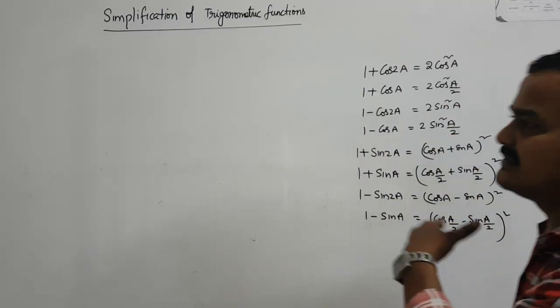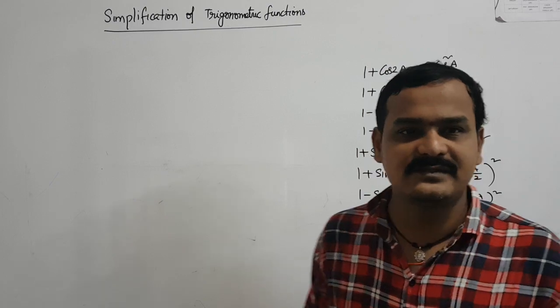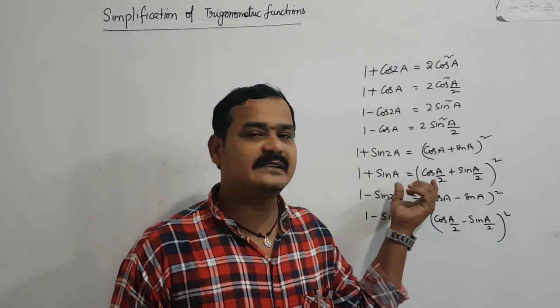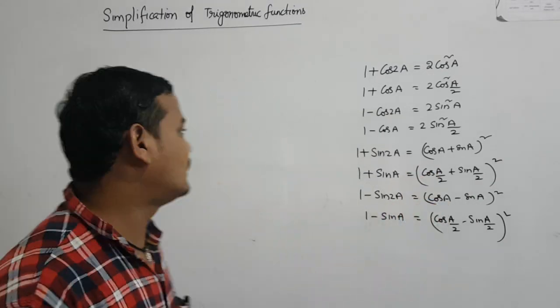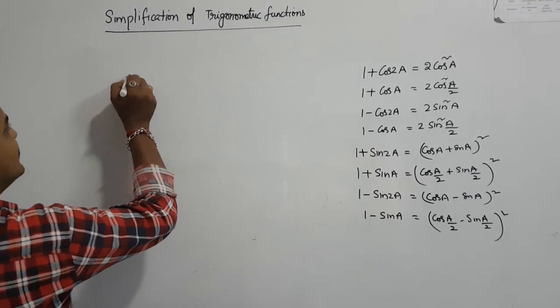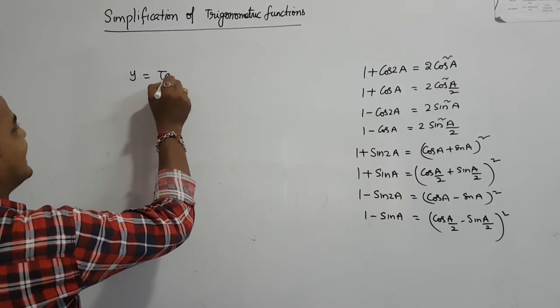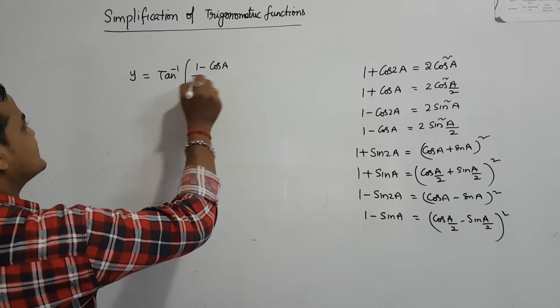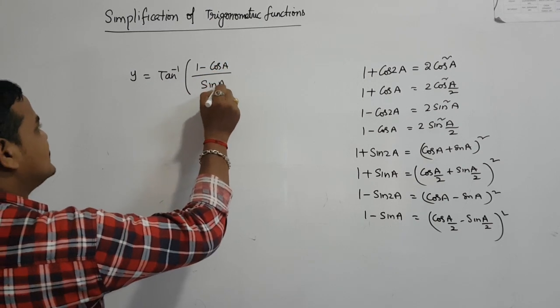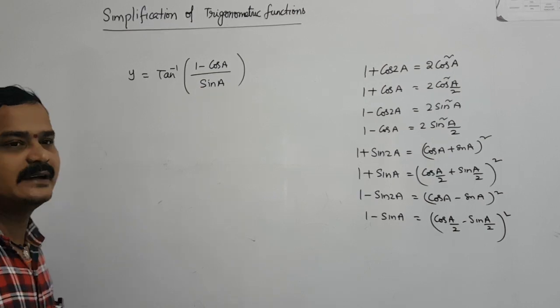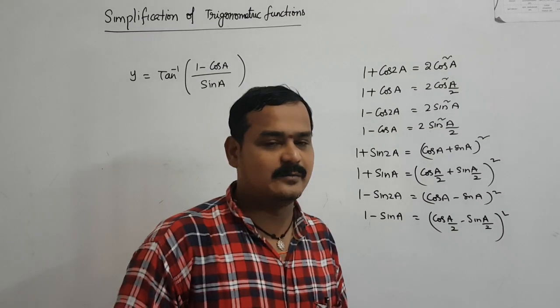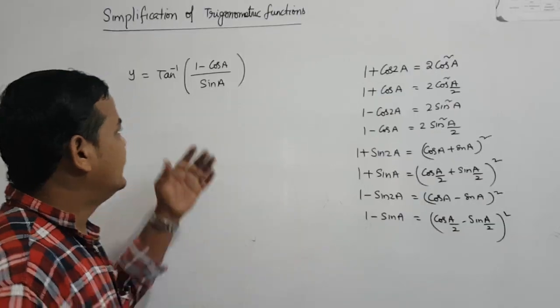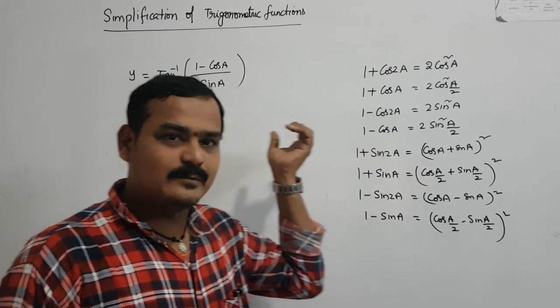While solving simplification problems, you can apply these formulas everywhere. Now let me write question one: y is equal to tan inverse of (1 minus cos A) by sin A. This problem can also be solved by the chain rule.